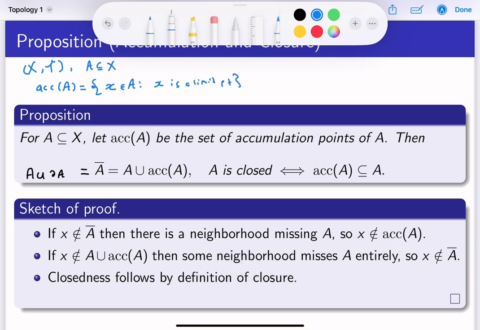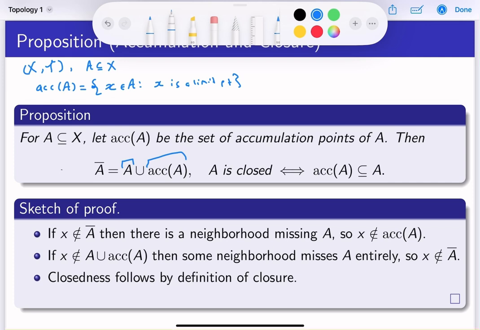Okay, and we want to prove this fact about limit points, which is the following. We want to show that the closure of A can be decomposed into the set A and the set of limit points of A. So if I take any set A and union it with its limit points, then I get the closure of A. This is a very important identity that we're going to be using.